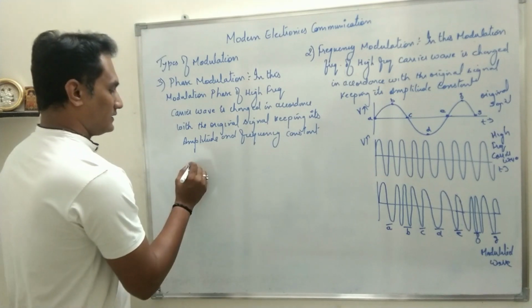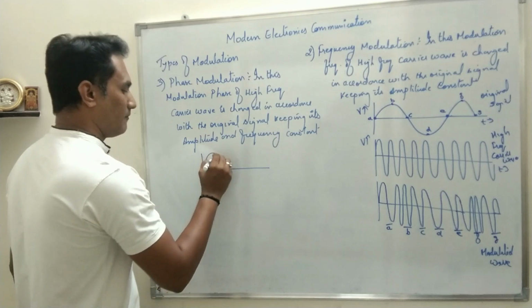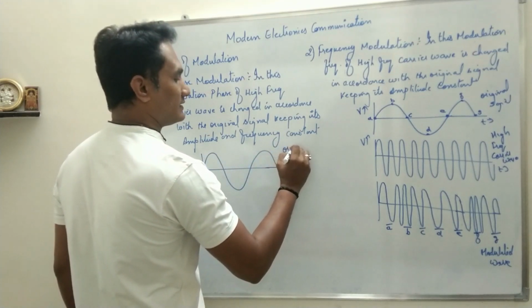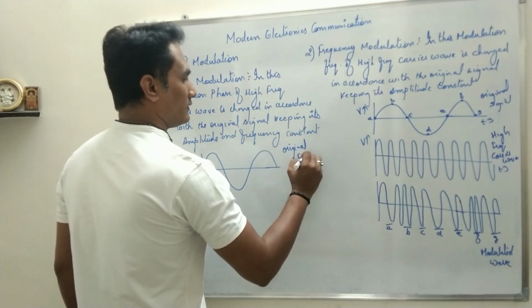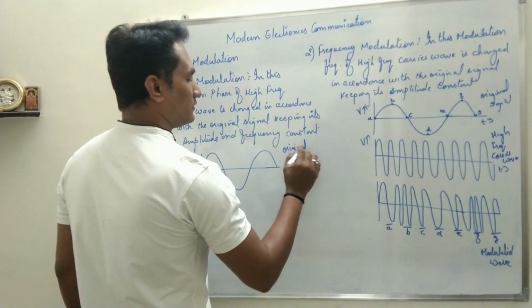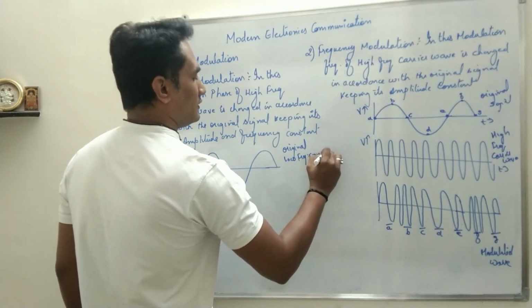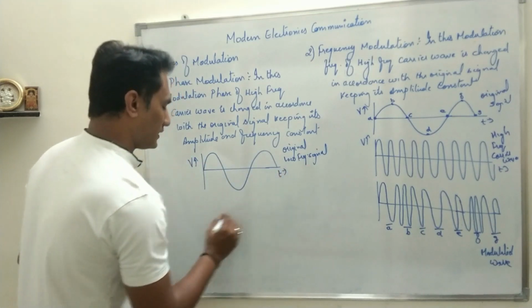And say graphical representation. So this is the original signal, low frequency signal. Okay, this is V, that is amplitude with respect to time.